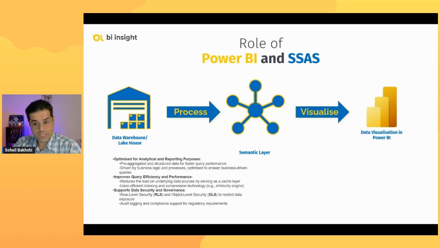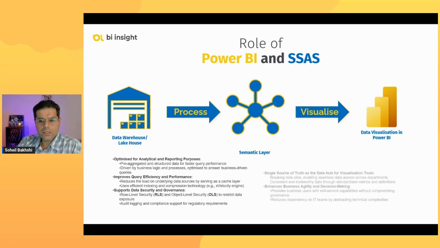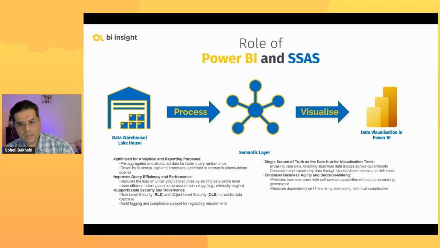For the visualization, let's say I'm visualizing my data and now I'm gradually moving towards Power BI. In Power BI, these are the benefits. I am always working with a single source of truth as a data hub for my visualization. So my semantic layer in the middle is my single source of truth.